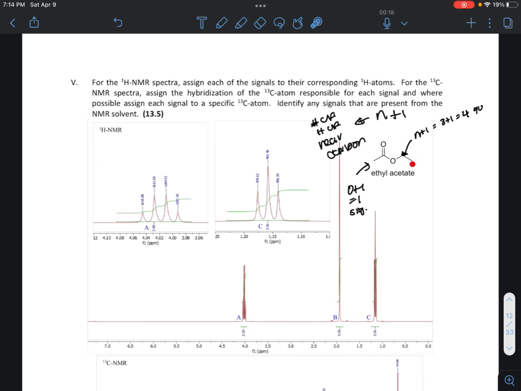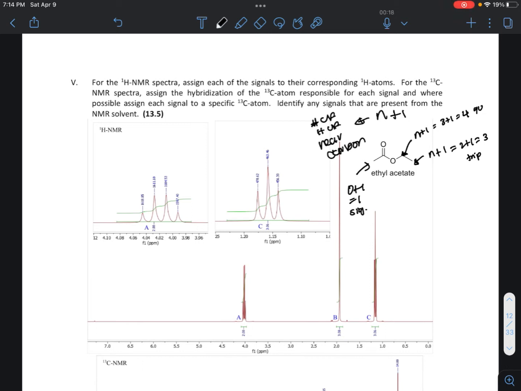This one is a CH3 group. For this, we have to look at the neighbor, which is the CH2 group. So you do 2 plus 1, which will be 3. So again, for this one, N+1, which is 2 plus 1, which is going to be a triplet.